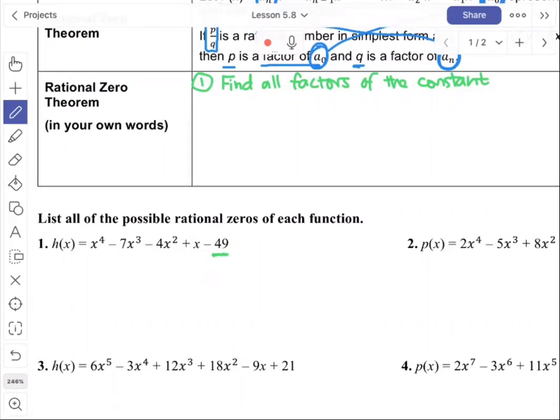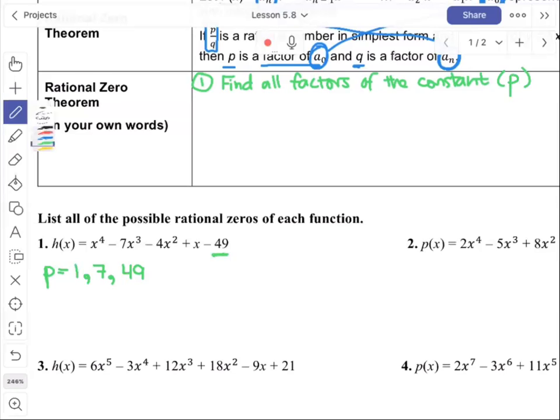I'm going to call the list of these factors P, and I'll label this P up here as well. So factors of 49: 1 goes into 49. 2 doesn't, 3 doesn't, 4 doesn't, 5 doesn't, 6 doesn't, 7 goes into 49. And 49 goes into 49. Okay, so those are all the factors of 49.